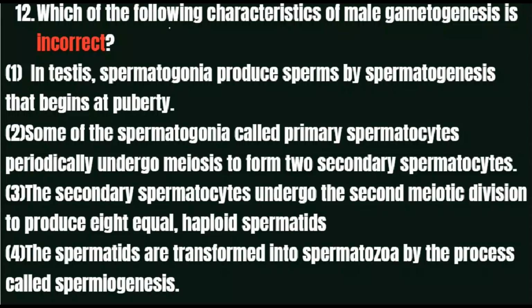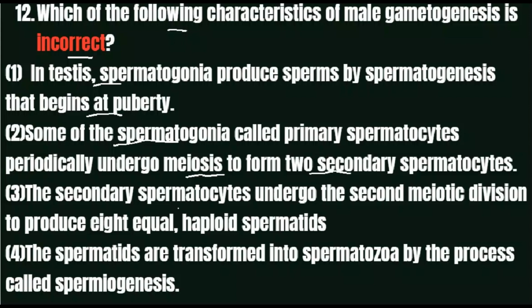Question number 12. Which of the following characteristics of male gametogenesis is incorrect? Option 1. In testes, spermatogonia produce sperms by spermatogenesis that begins at puberty. Option 2 says some of the spermatogonia called primary spermatocytes periodically undergo meiosis to form two secondary spermatocytes.